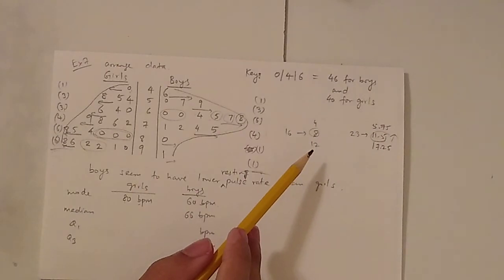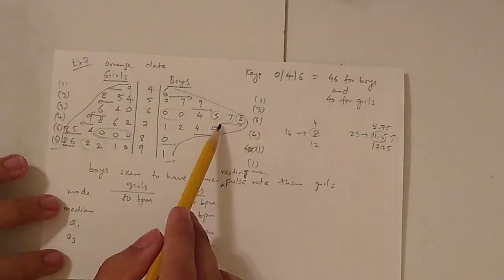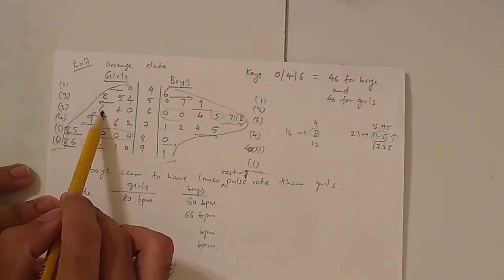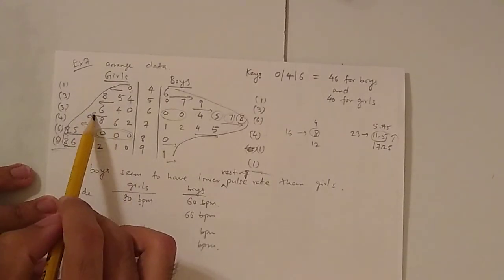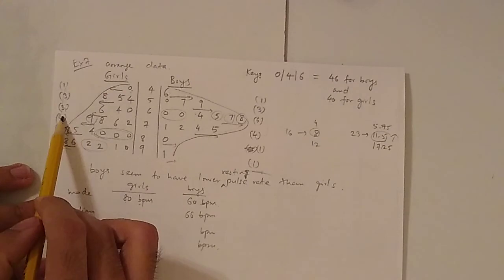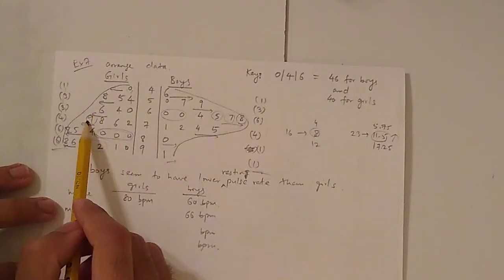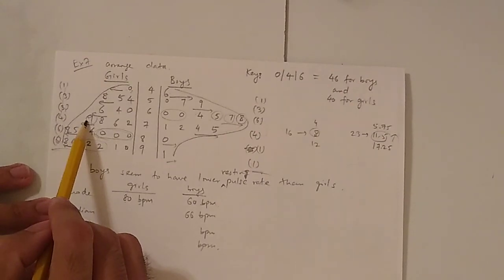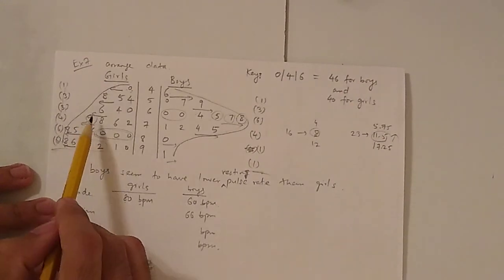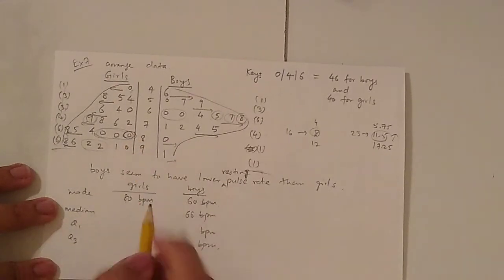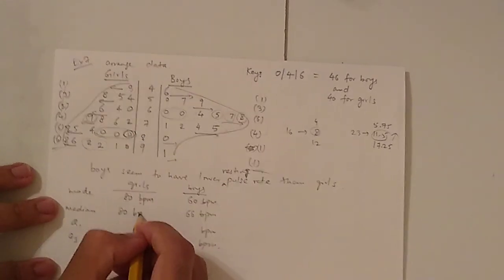The 12th value is going to be... 1, 4, 7, 11. So this is the 11th value. I'm just adding up these values here. We need again the 12th value. So this is the 11th value, the 12th value is this one. So this is the 12th value, so that is going to be 80 bits per minute.